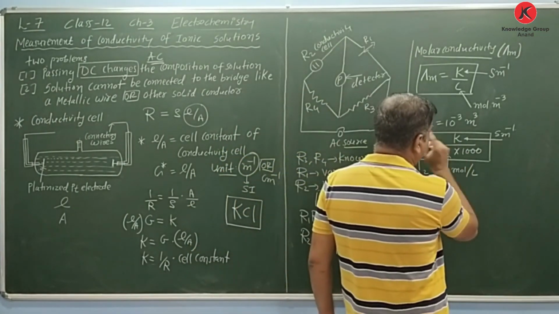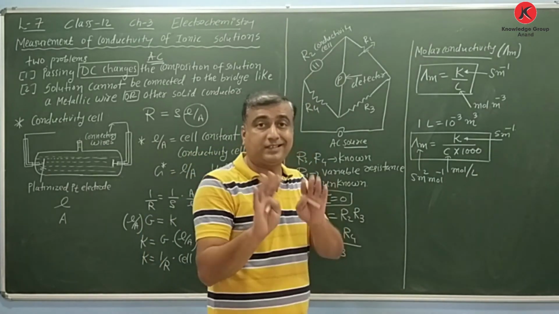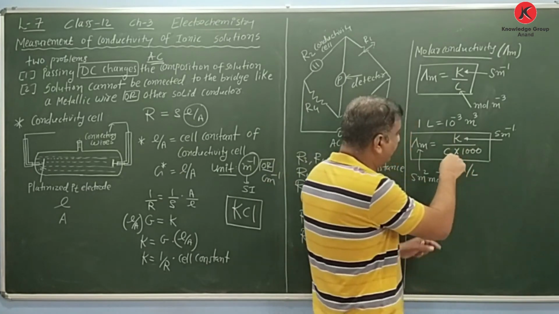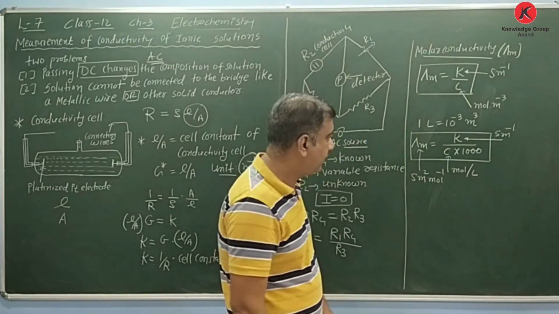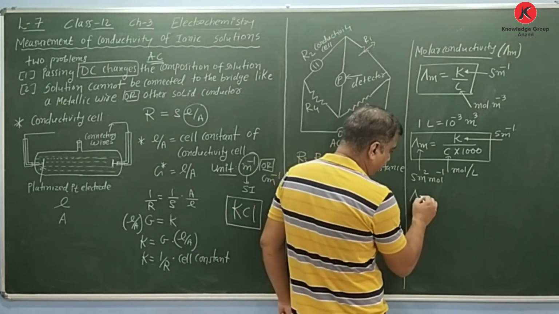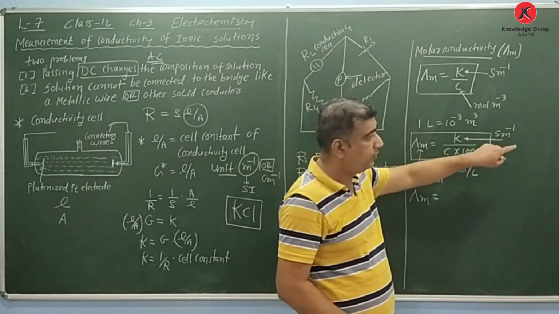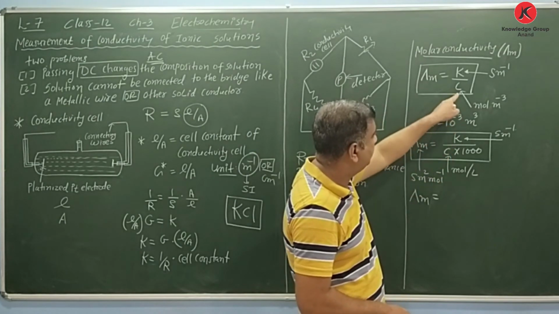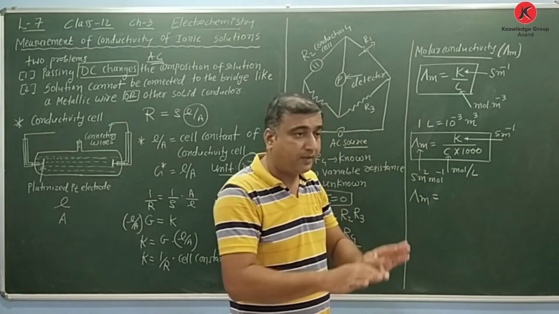Suppose the conductivity is in Siemens centimeter inverse, then we have to convert meter cube into centimeter cube, and again mole per meter cube instead of mole per liter.